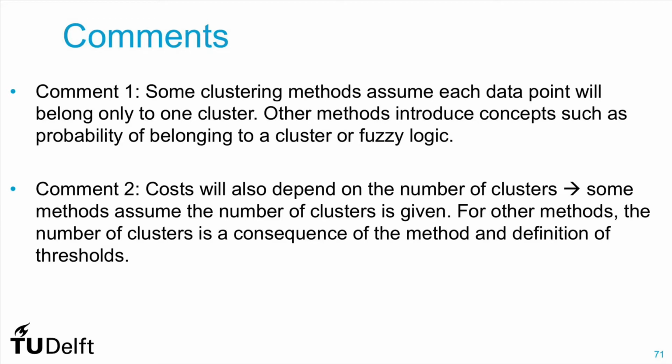There are methodologies that also include the concept of probability of belonging to a cluster, so that each data point will belong to all clusters, but with a different probability. There's also, in the field of fuzzy logic, fuzzy clusters, where the data points belong to different clusters with a defined fuzzy number, also called membership degrees.